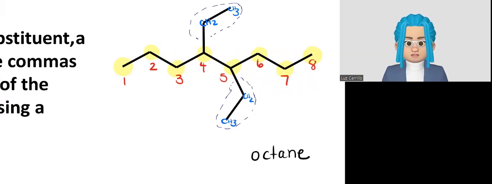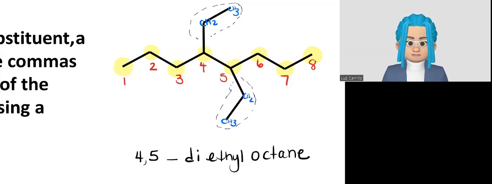That is called an ethyl group. Since we have two ethyls, we're going to write diethyl. And the position of those ethyl groups is on carbon number 4 and carbon number 5. So the name of this molecule is 4,5-diethyloctane.